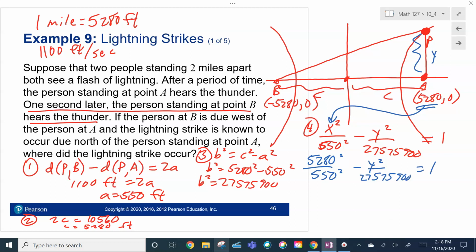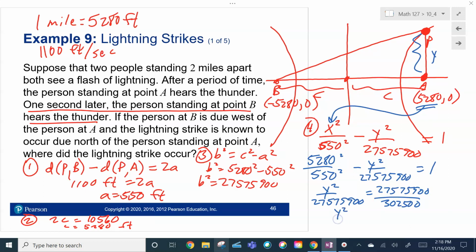So let's see, I got that. So this will end up being y squared over 27,575,900 equals 27,575,900 over 302,500.